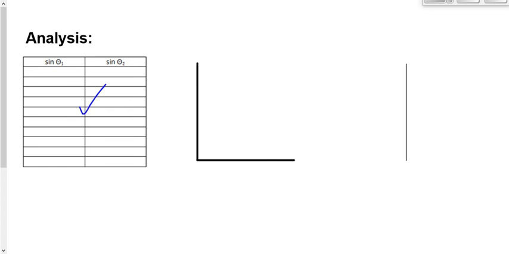And then you're going to plot a graph that is going to be sine theta 2 on the y-axis versus sine theta 1 on the x-axis. Always y-axis versus x-axis. By the way, another mistake that some of you guys made in your last lab is the title. The title is always y as a function of x, or y versus x. In this case, it would be sine theta 2 versus sine theta 1, not the reverse, not sine theta 1 versus sine theta 2.